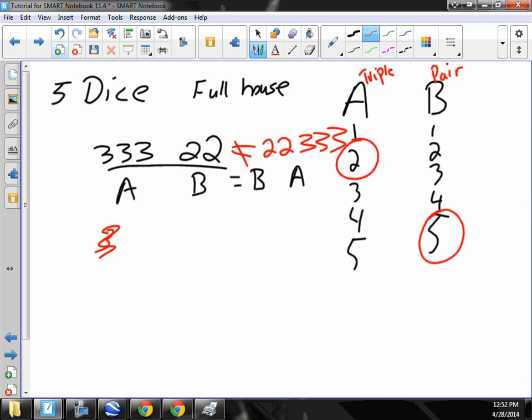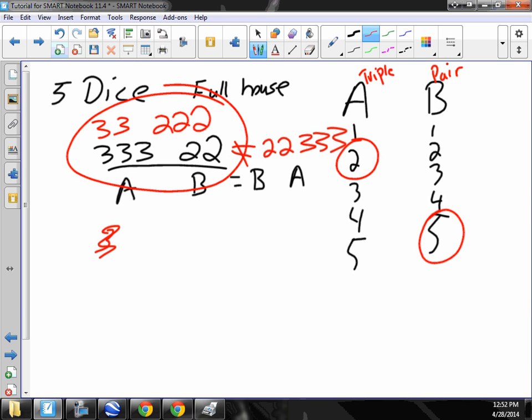Because if I wrote 3, 3, 2, 2, 2, are those two groups the same? No. But what if I knock off a 2 and a 3? Now they are the same. So in this format, it's really easy to tell which one is A and which one is B, because the A is a set of 3 and the B is a set of 2.